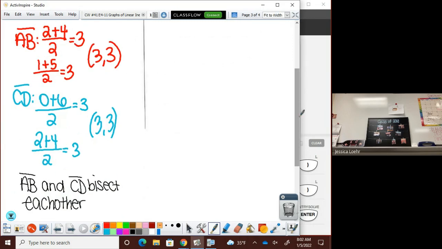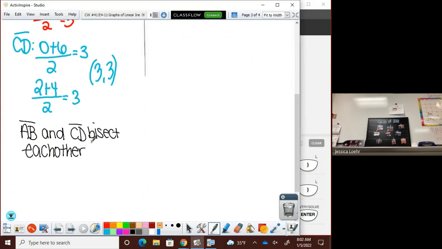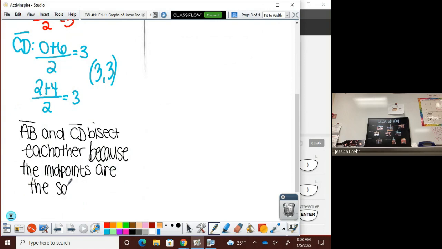Because, and you're going to explain the math you just did. So you just did the midpoint formula. So because the midpoints are the same. You're just writing a sentence to summarize the math you just did. So I think this one's the easiest.